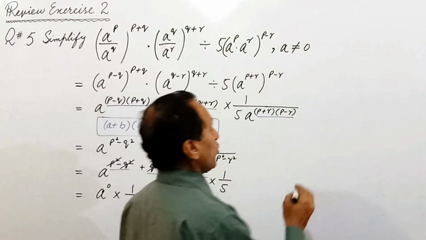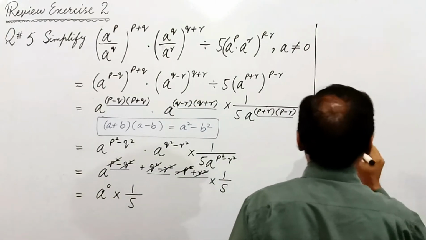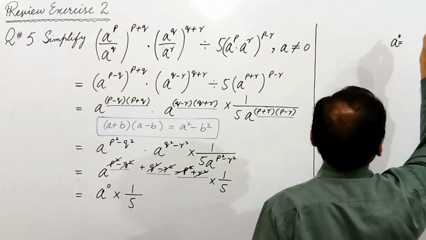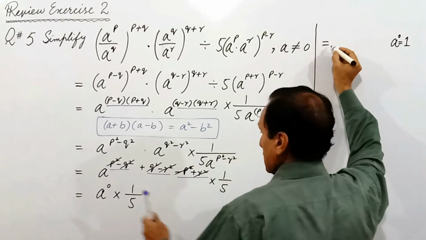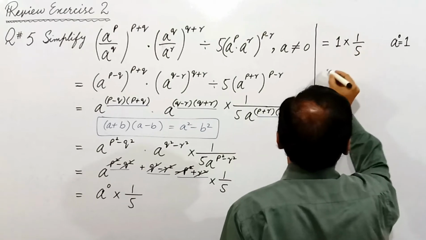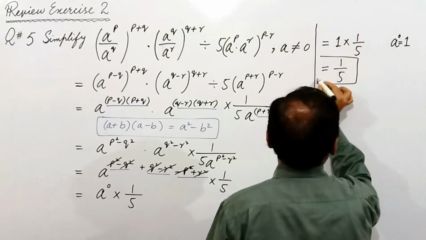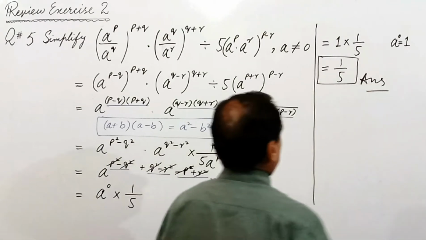According to the law, we know that a raised to power 0 is equal to 1. So therefore we can write 1 multiplied by 1/5, and hence 1/5 is the simplified form of question number 5.